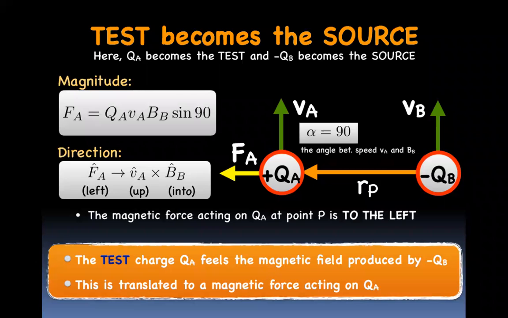Now we are ready to get the magnitude of the force that positive QA experiences due to the field of negative QB. The magnitude is given by QA times VA times BB sine 90. By doing right-hand rule, we can verify that the magnetic force acting on positive QA is directed to the left.